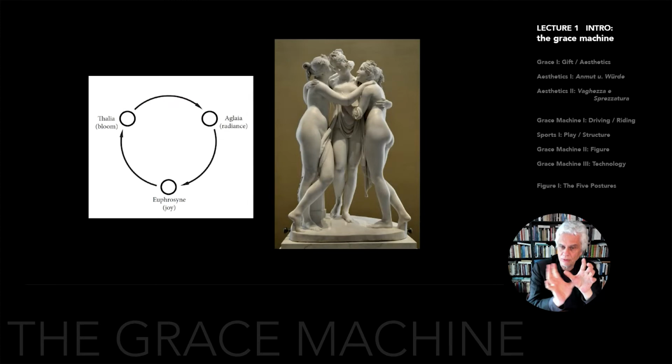So I'm drawing it here as a diagram: Aglaia, Euphrosyne, Thalia, radiance, joy, and bloom. But that's not really correct, because Aglaia means she's giving, so that's already the arrow. Right, and the arrow in a diagram means action, right? So we have the object, which is understood through that little circle with its contour as a body, and then that body is acting and it becomes an event, right?